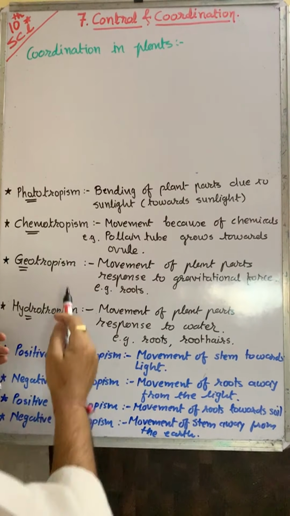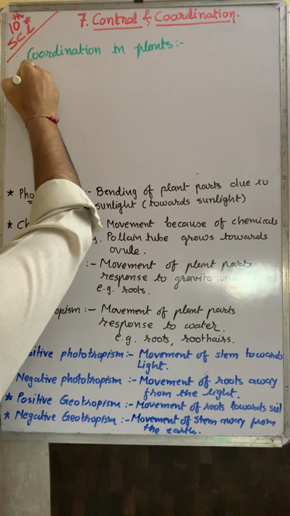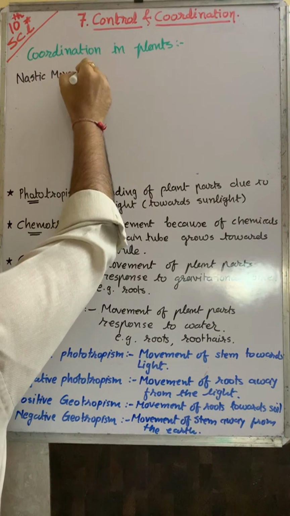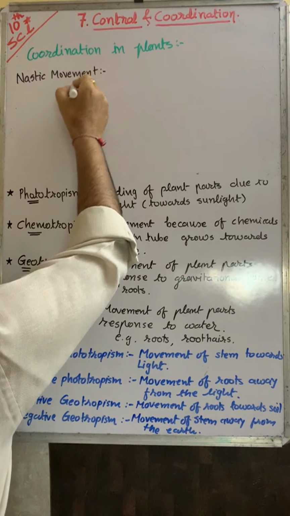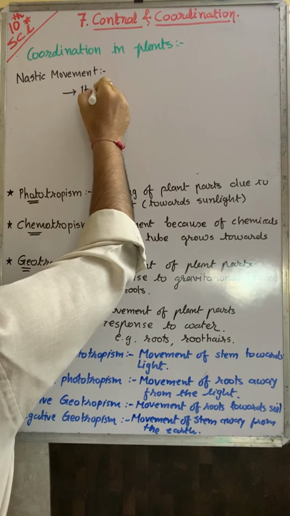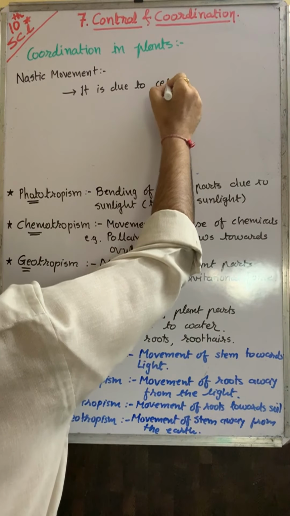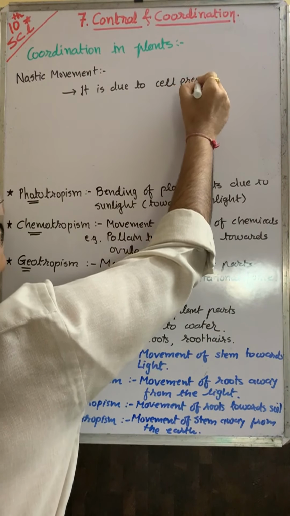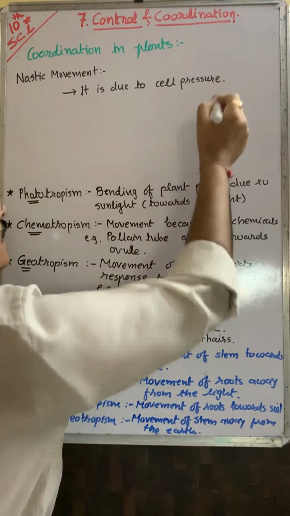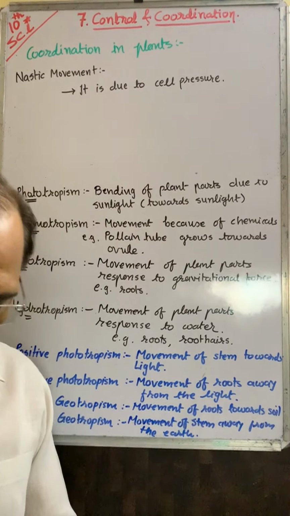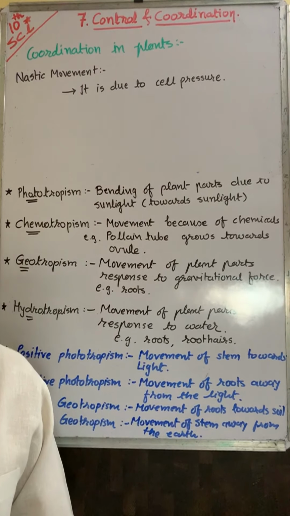Nastic movement is due to cell pressure. Cell pressure is due to osmosis or diffusion, meaning higher concentration to lower concentration.